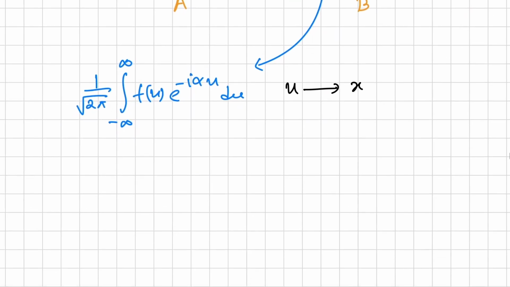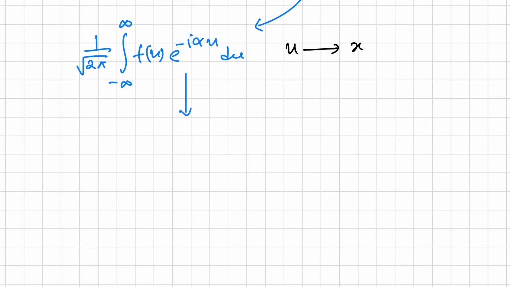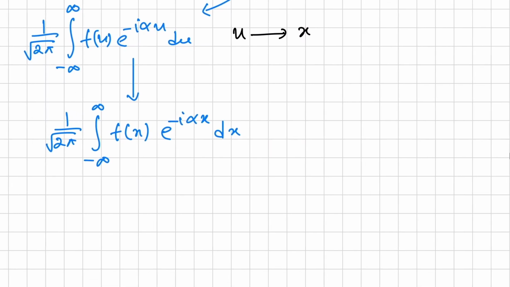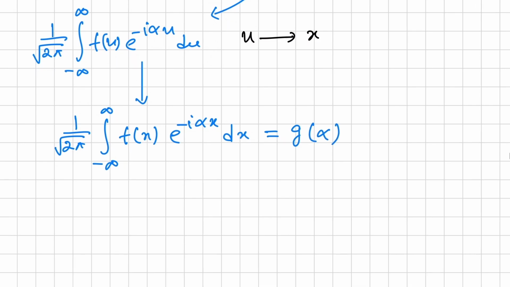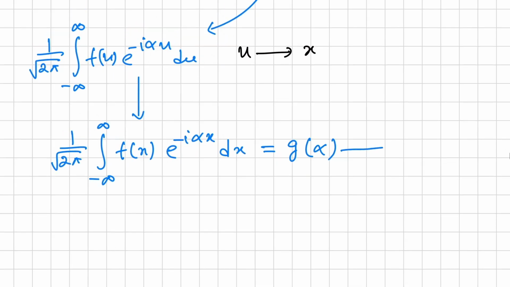Well, in such a scenario, this integral would transform to 1 over square root of 2 pi, going from minus infinity to infinity, because the limits wouldn't change obviously, of f of x e to the power minus i alpha x dx. That's great. I can define this as some function g of alpha and name this equation 2.